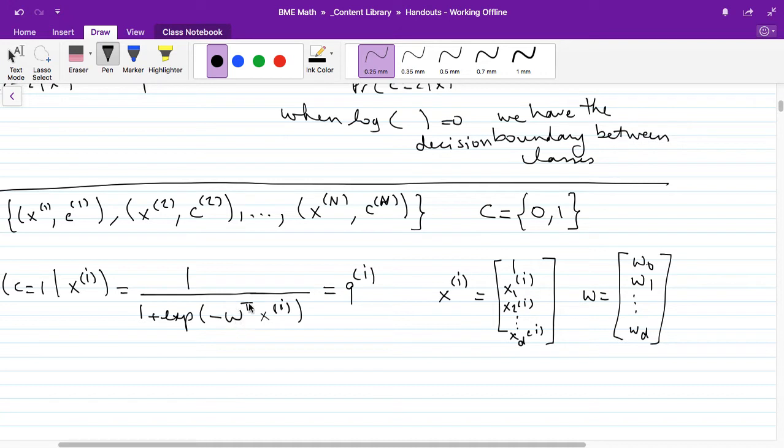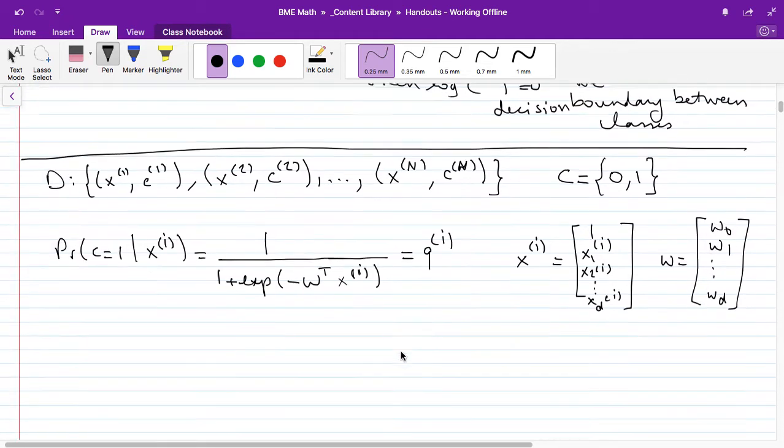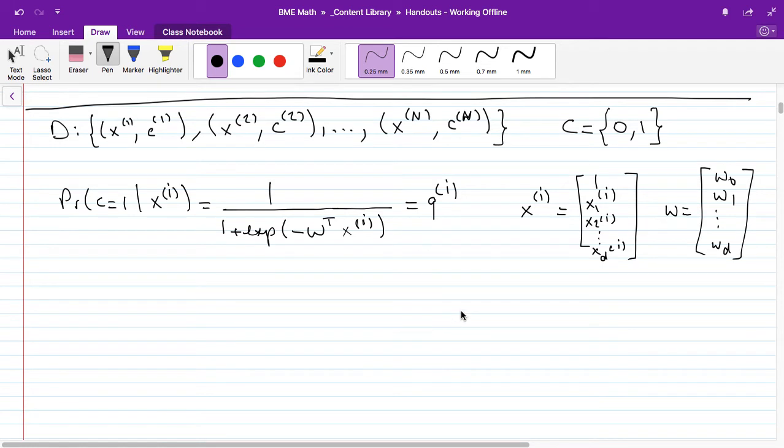That's what I mean when I write w transpose times x_i. x_i is a vector; I'm going to add a 1 to it, which takes care of w0, and then the rest of the w's are there. So the probability of being in class 0 given x_i is 1 minus Q_i.